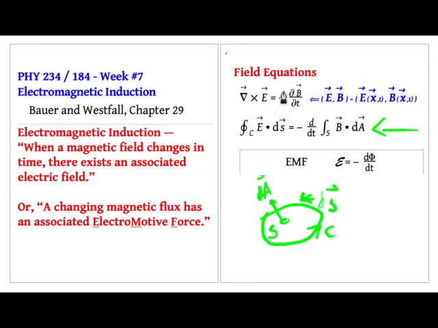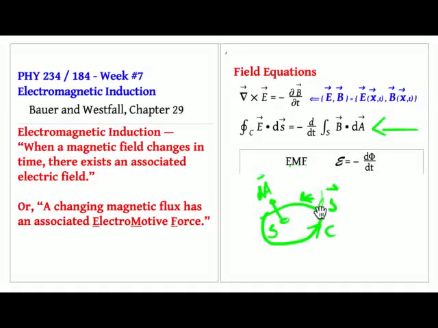Now, we usually rewrite this equation in a simple form. The circulation of the electric field around a closed curve is equal to the electromotive force around the curve. It's the voltage change around the curve. And we usually write that as script E for EMF.